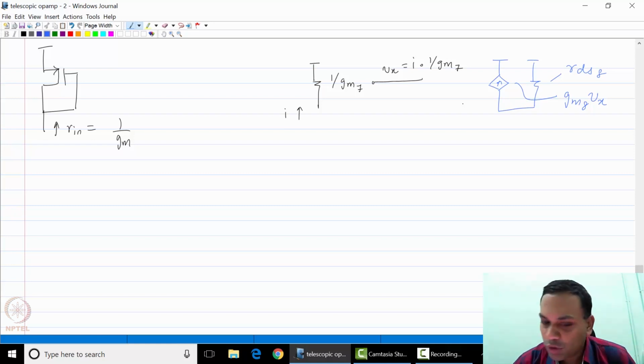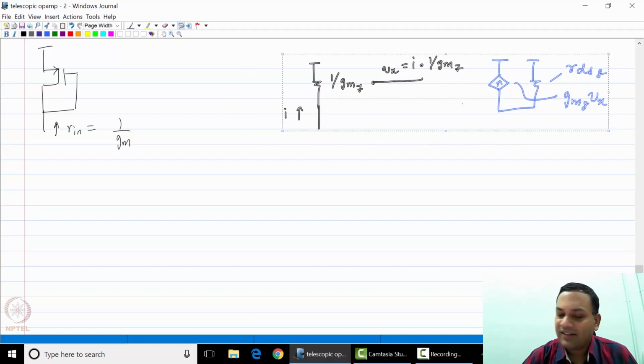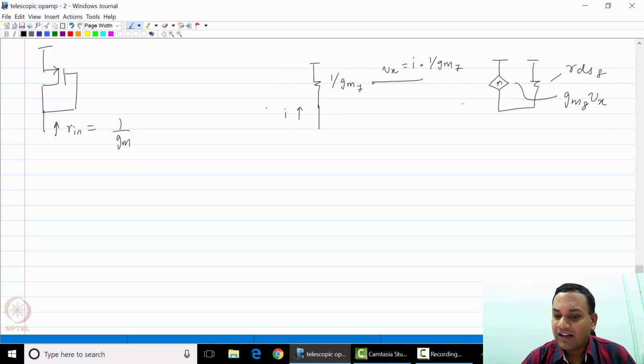Now for the bottom portion of the circuit, we are going to replace the cascode devices with small signal equivalents.